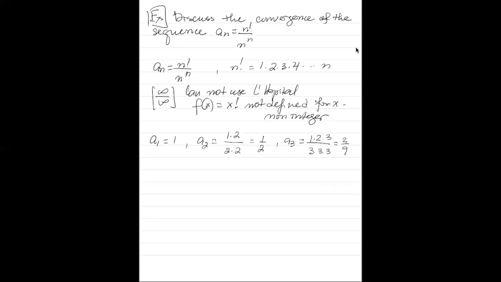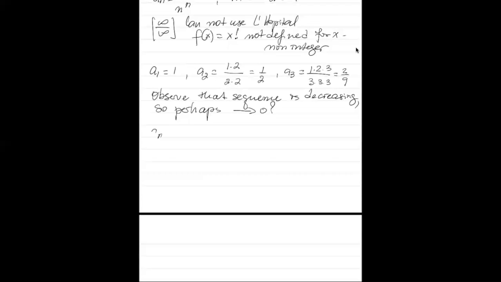We observe that the sequence is decreasing. So perhaps it goes to 0, I'm putting a question mark. We don't know that.